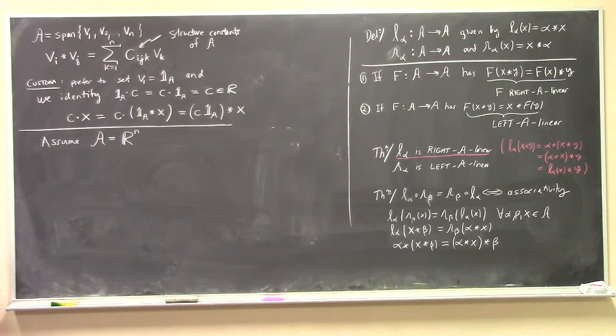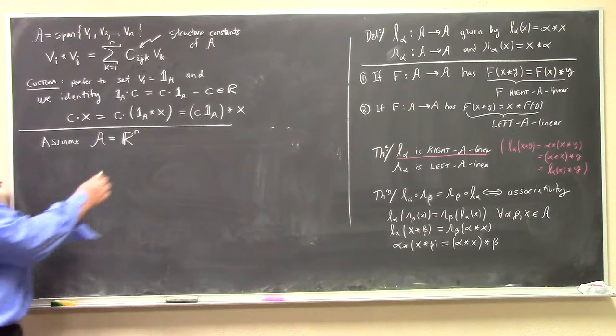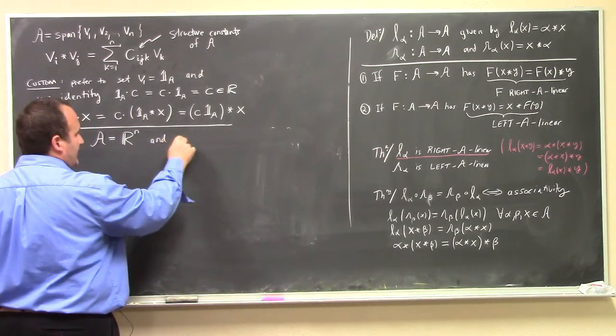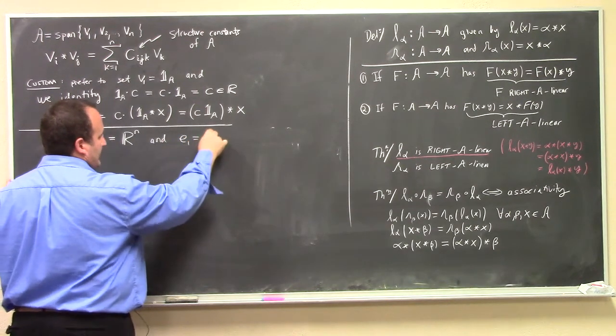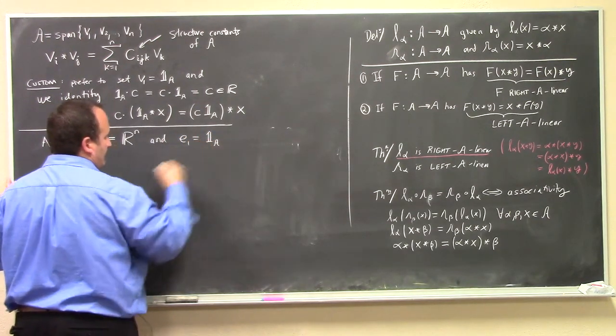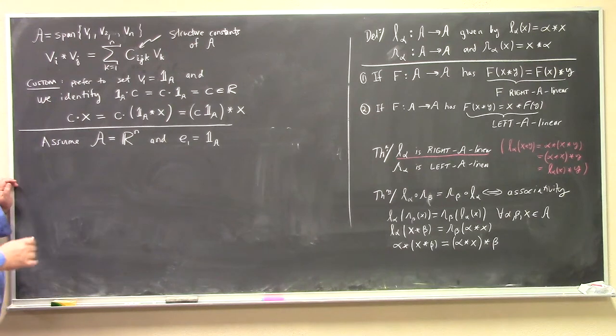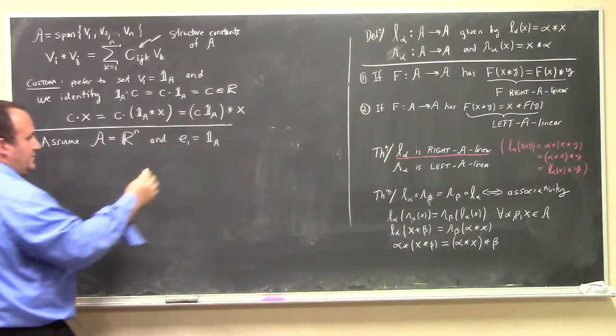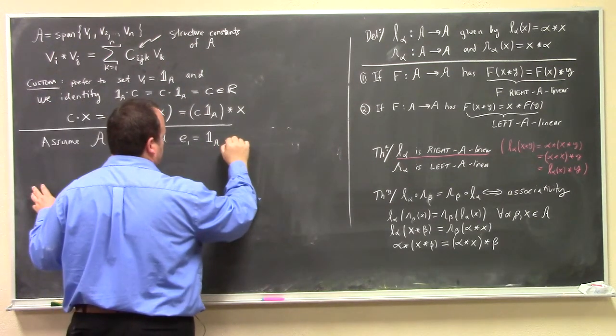I haven't really said what A is as an object, except that it's a vector space, right? That could mean all kinds of different things. But suppose it's R^n, all right? And we're going to suppose that e_1 is the identity, and so forth.